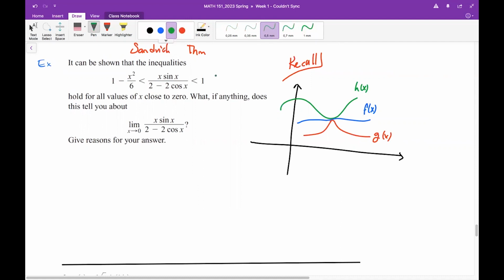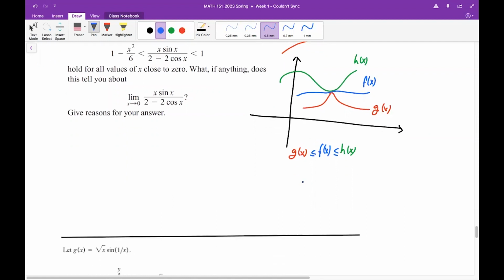Which one is the biggest one? H of x is the biggest function. Which one is the smallest one? G of x is the smallest, and f of x is the middle function. So from the graph of these functions, we see that h of x is the biggest one, g of x is the smallest one. So we have this ordering.